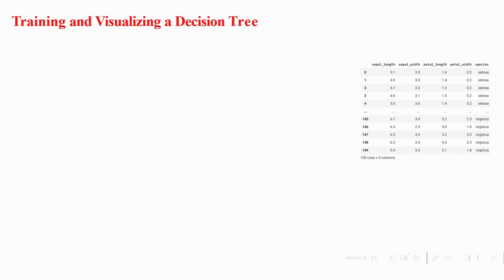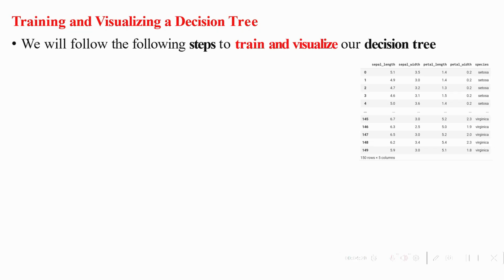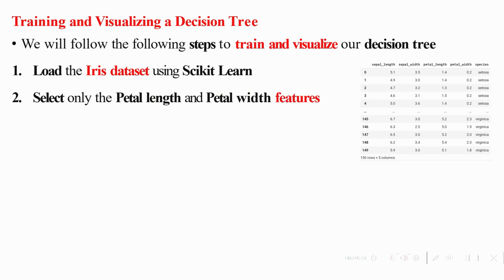In order to train and visualize a decision tree, first of all, you have to follow some steps. The first step is to load the iris data set using scikit-learn and select only the petal length and petal width features.